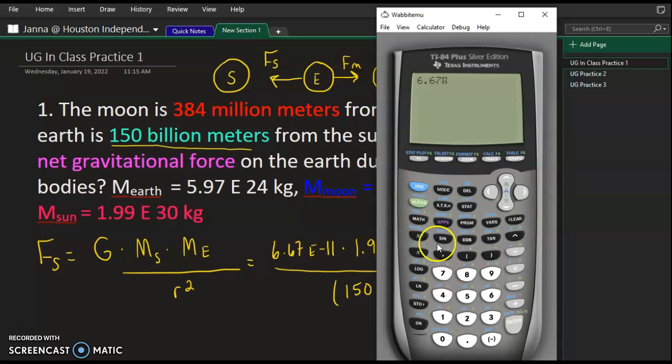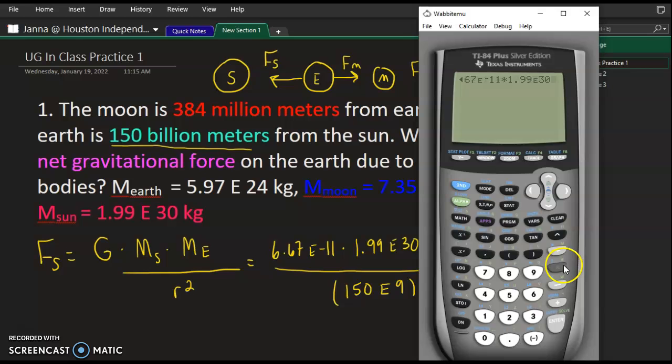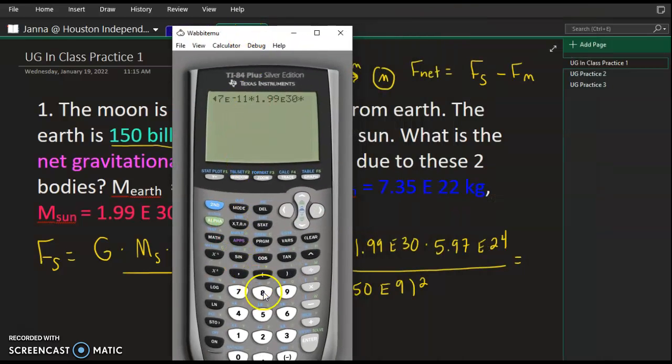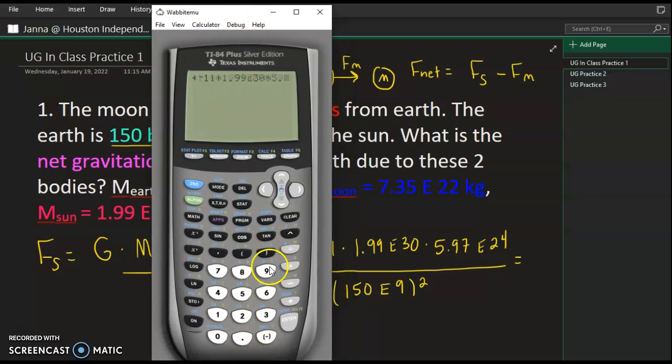To get the E, again, it's second comma, negative 11, times 1.99, second comma, 30, multiplied by the mass of planet Earth, 5.97, second comma, 24, divide by, I'm going to open parentheses, 150, second comma, 9, and then square that parentheses.